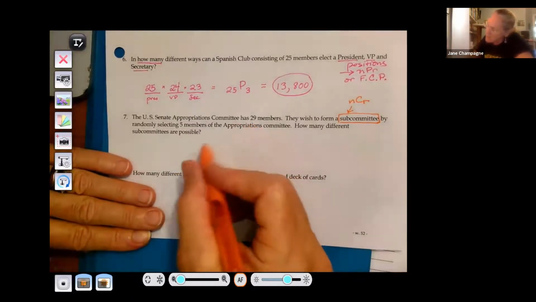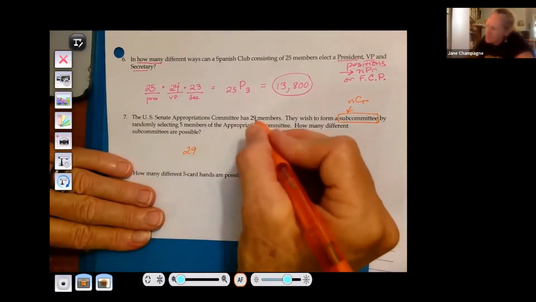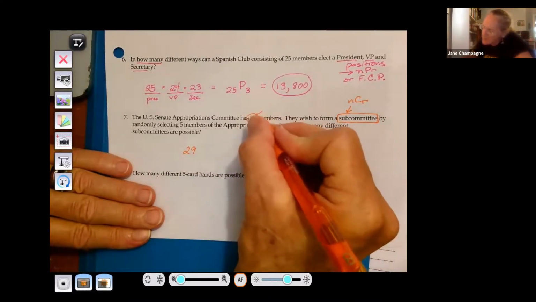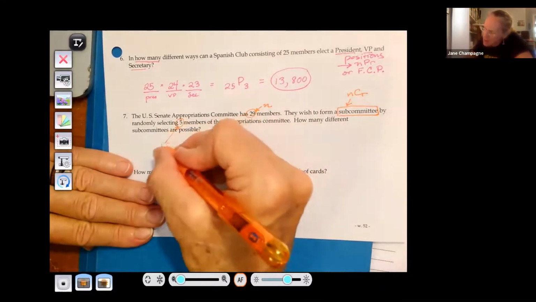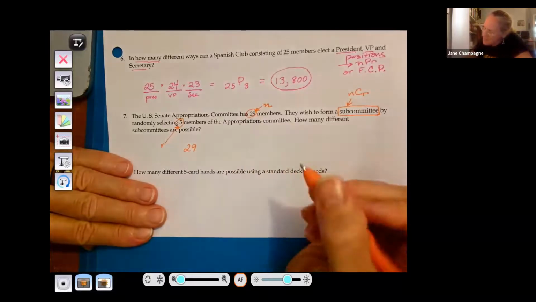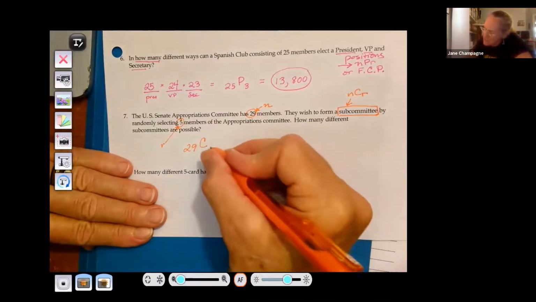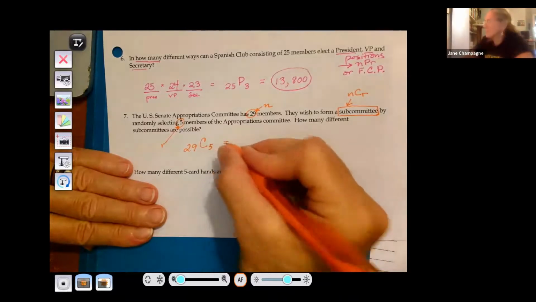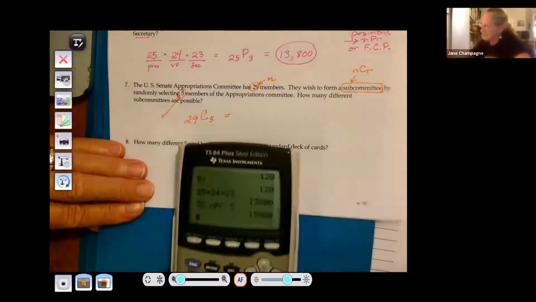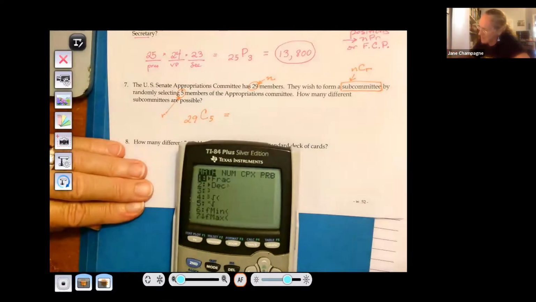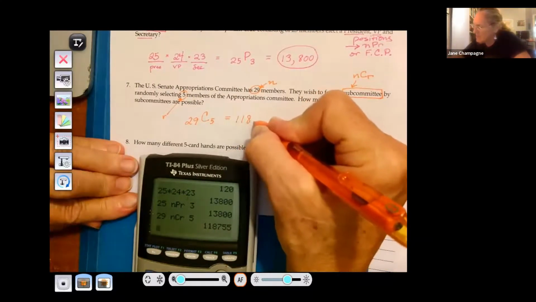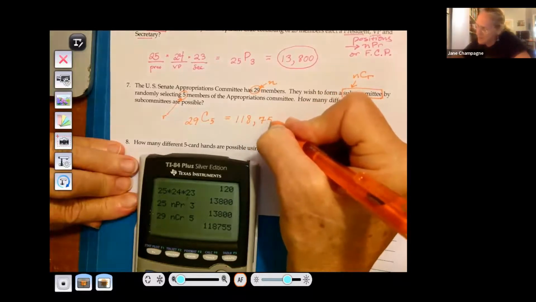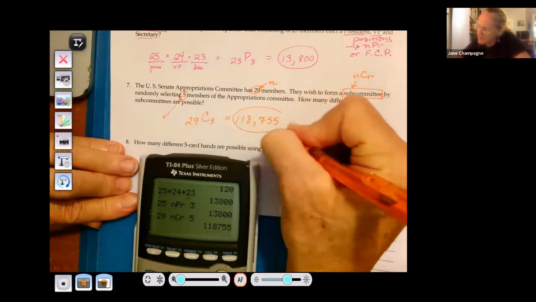And you use the total first, that's N, and how many you're choosing is R. So this is NCR, so 29 choose 5. 29, math, PRB, NCR, 118,755. Thoughts?